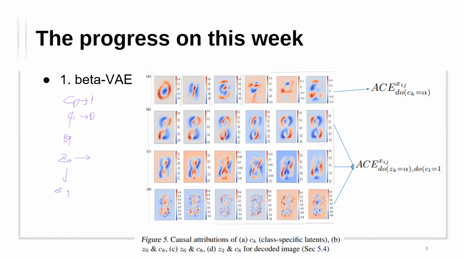So in that case, the C dimensions and the Z dimensions are orthogonal. Orthogonal means that given a number C, and also may I ask, are C0 and Z9 exclusive? Means if we set C0 to be 1, then Z0 is continuous.